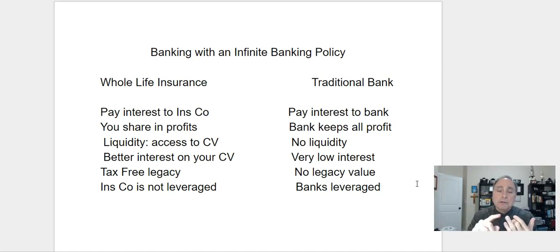Whole life policy, fixed index, not a variable, a fixed index. You'll never worry about your money. You're not going to lose it. You can't lose it. There are guarantees all over the place. The companies aren't highly leveraged like the banks are. Your money is safe. That's a very, very important concept to remember, folks. Very important.